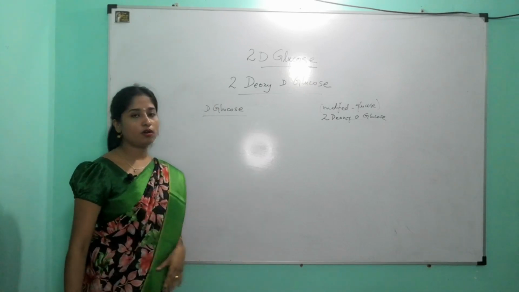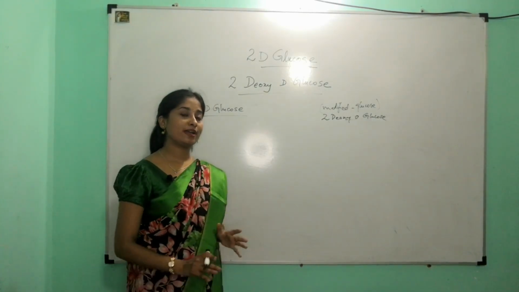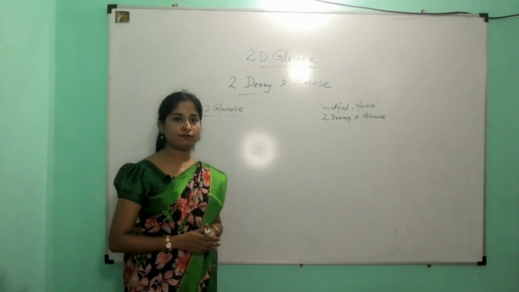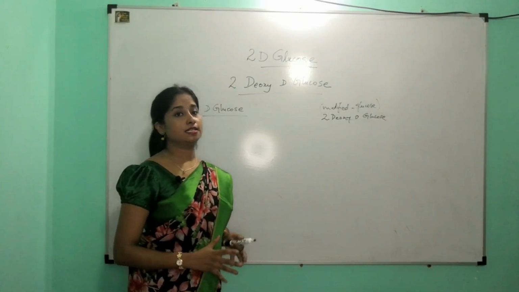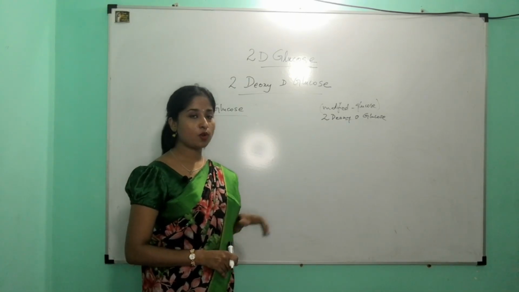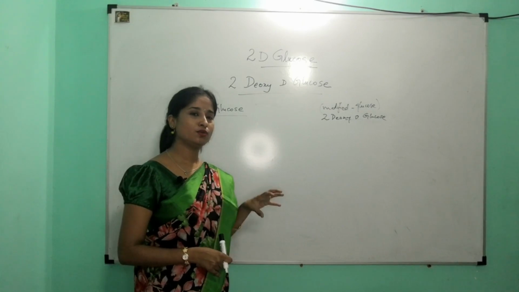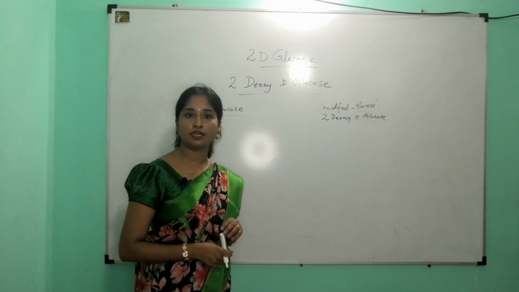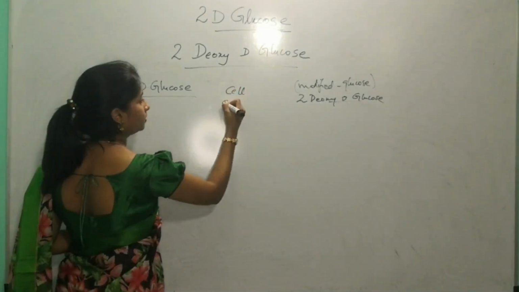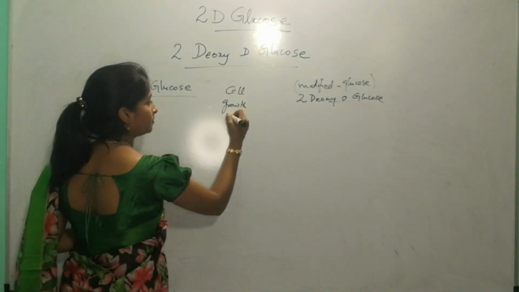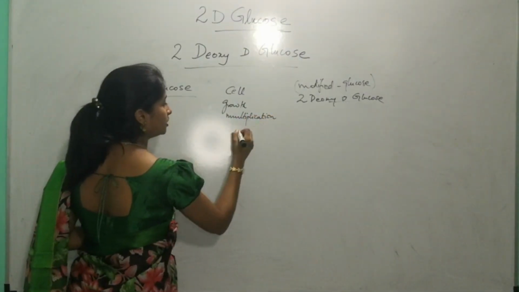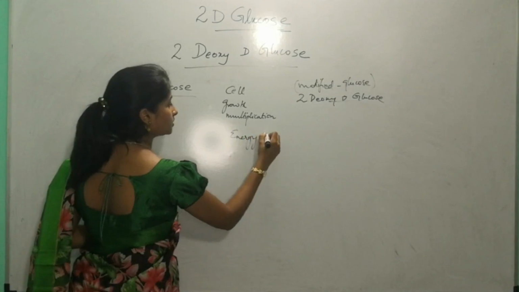Okay, as we all know, glucose is very important for each and every cell in our body, starting from the cell growth, cell multiplication. Everything needs glucose. Why does it need glucose? The glucose is the major component of energy in our body, and hence for the cell growth and multiplication, the energy is very important.